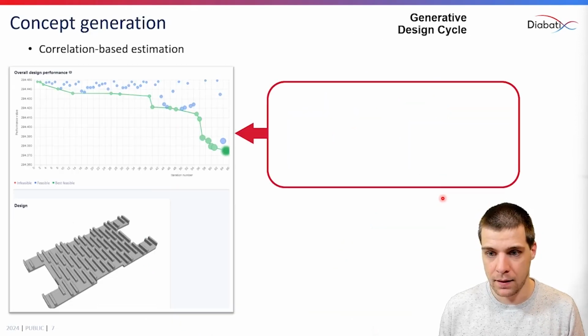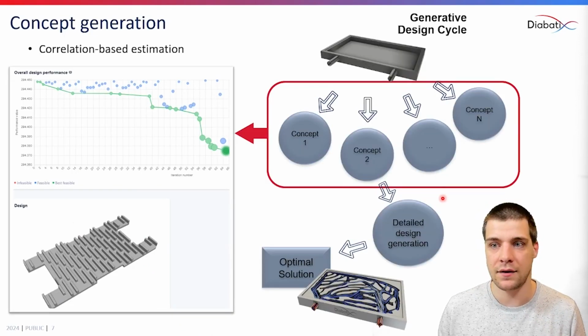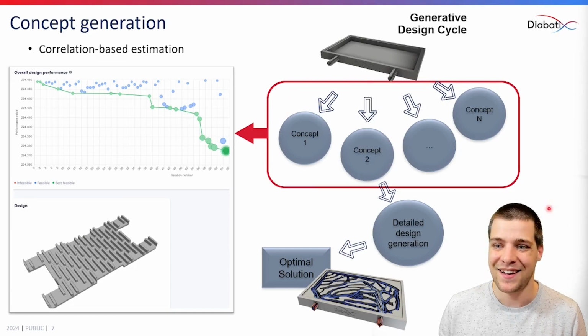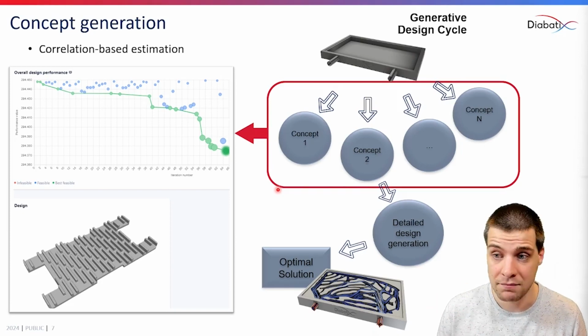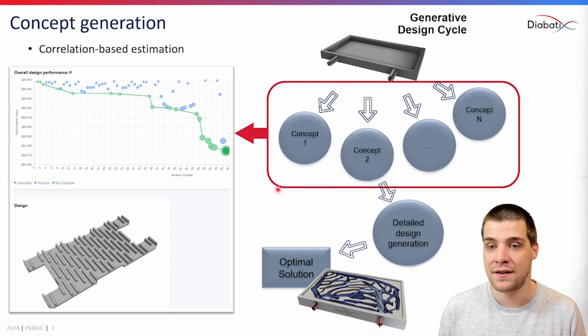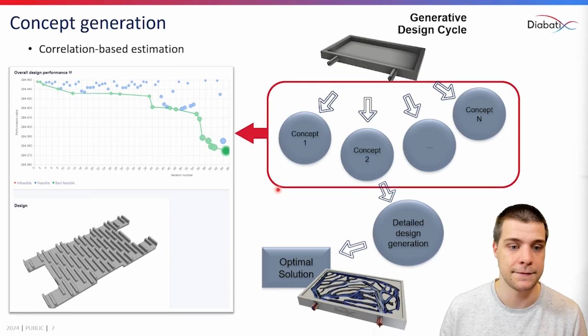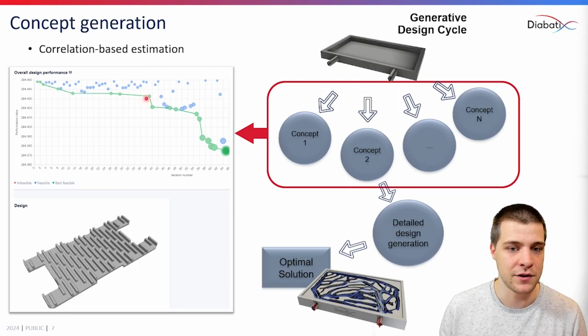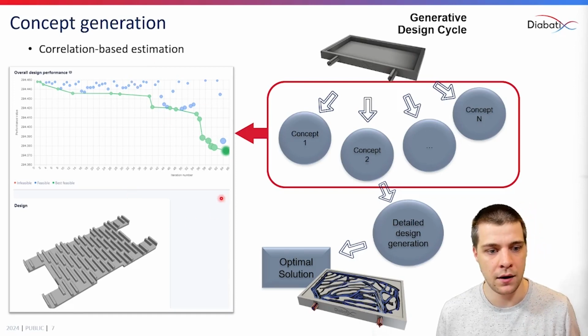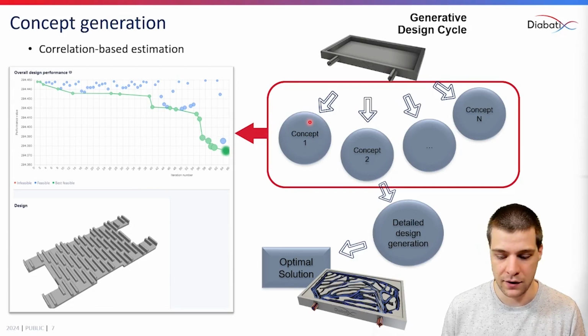Okay, and for today's webinar, as was mentioned in the title, we'll mainly consider the fast concept generator. So quick reminder, it's very fast, it takes only a couple of minutes to an hour max to get 100 to 1,000 different designs. And this is a sneak peek of what it looks like in our software called Coldstream, but I'll discuss that in more detail later on in the webinar.